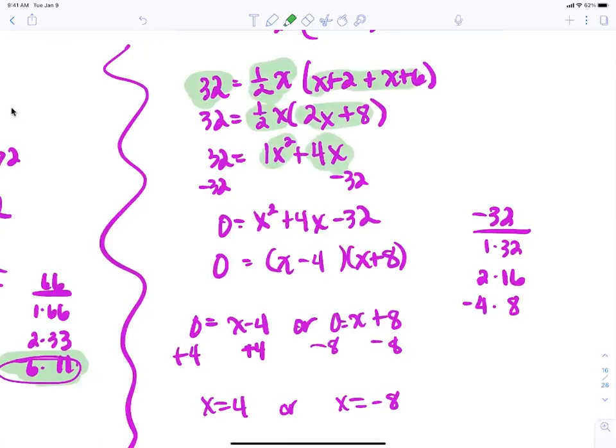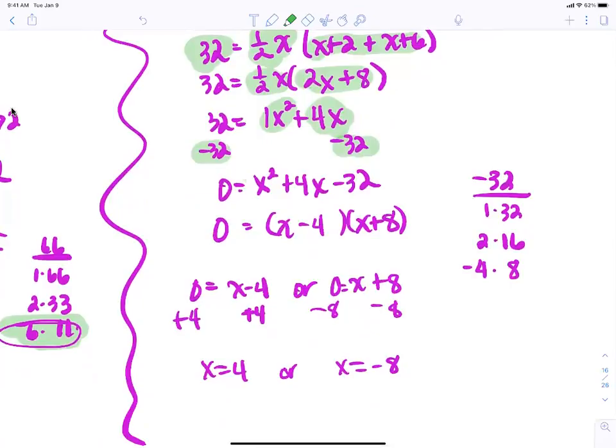Now, before you can go ahead and solve though, remember it has to be equal to 0. So your next step should have been to subtract the 32 over to the side with all of the other things, and then we factor. The nice thing about this one is that because the a value in front is a 1, I just simply use guess and check. So I said, all right, what's going to multiply to give me negative 32, but add to give me 4?